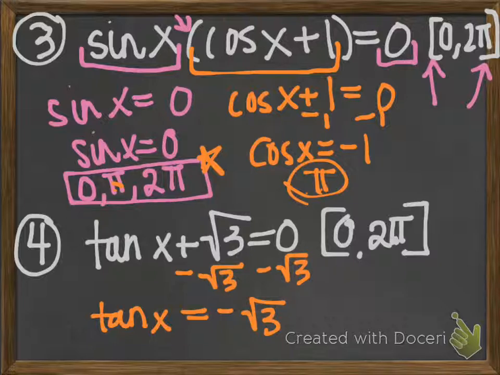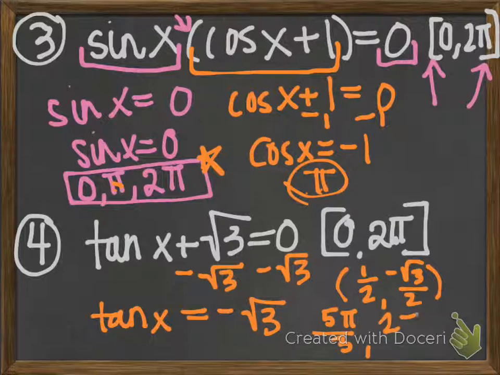Or you can realize that this tangent happens at the coordinates where it's a half and negative 3 halves for your values, right? So it's going to be in quadrants 3 and 4. And so then we know that our 2 coordinates that we need are 5 pi over 3 and 2 pi over 3. And that's it, you guys.